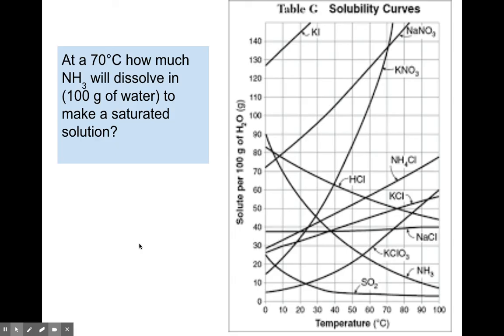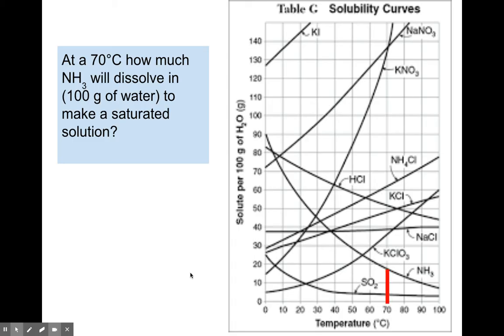Let's learn how to read the solubility table at a given temperature. At 70 degrees, how much NH3, ammonia, will dissolve in 100 grams of water? Remember, the whole graph is based on 100 grams of water, so that's kind of almost like extra information. Let's focus on the details. 70 degrees, NH3.